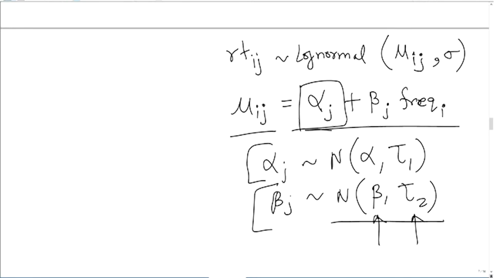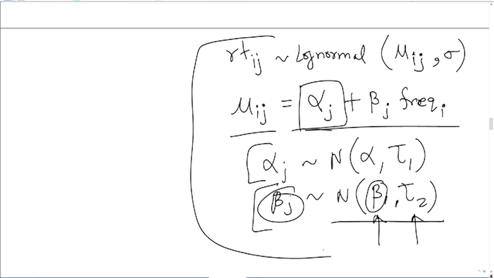When we test our hypothesis, this is usually the parameter of interest for us, the population level effect of frequency, right? But we need to specify our likelihood assumption in this way. Although the main parameter of interest for us is this beta, population level beta, we still need to specify the model this way, because this is a more reasonable, more correct likelihood assumption given the data.